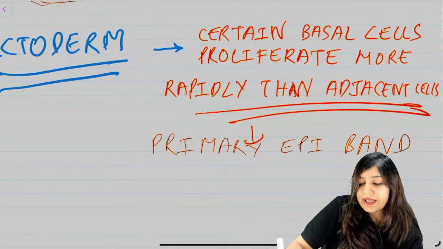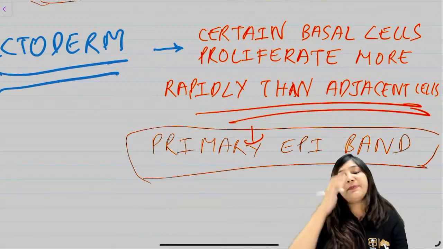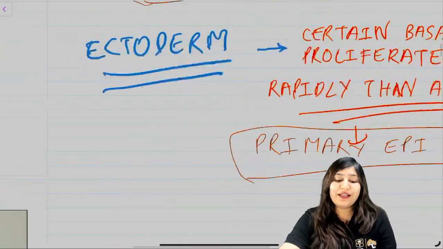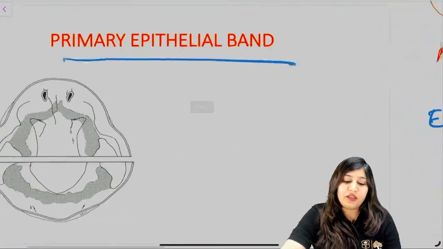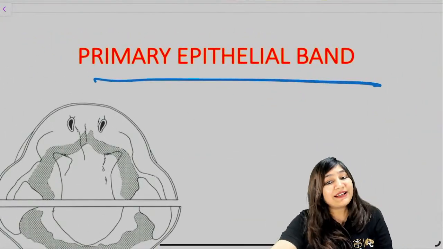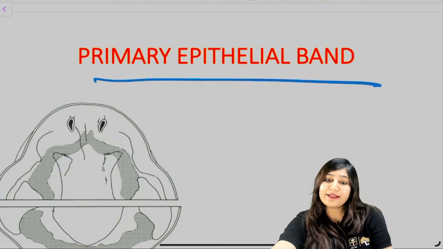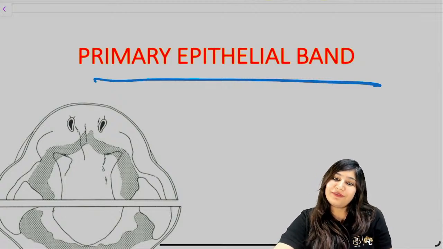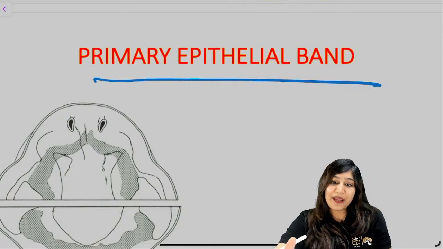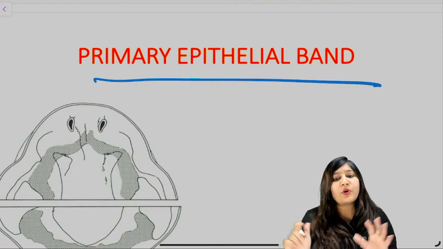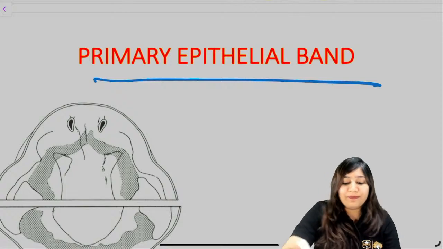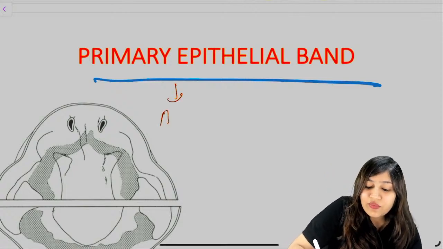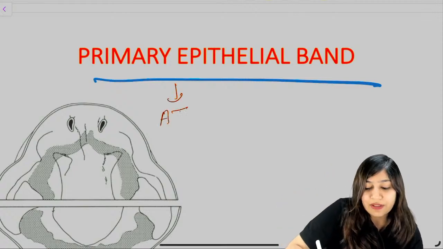What is this primary epithelial band and what does this primary epithelial band lead to? We will discuss. Primary epithelial band is basically proliferation of basal cells of oral ectoderm leading to a thickened epithelial band. This whole process takes place at 6th week. So at 6th week, this primary epithelial band is formed.